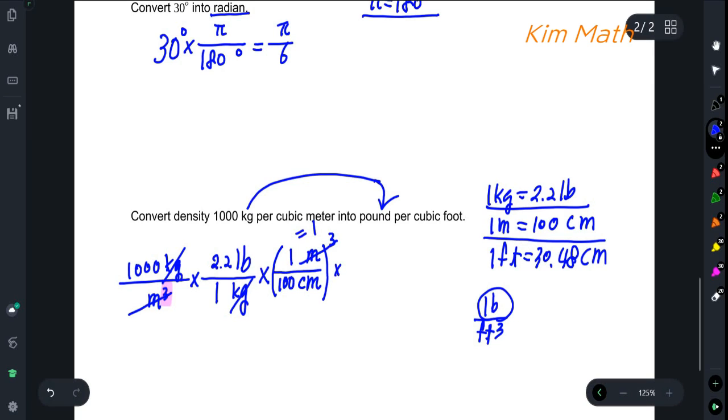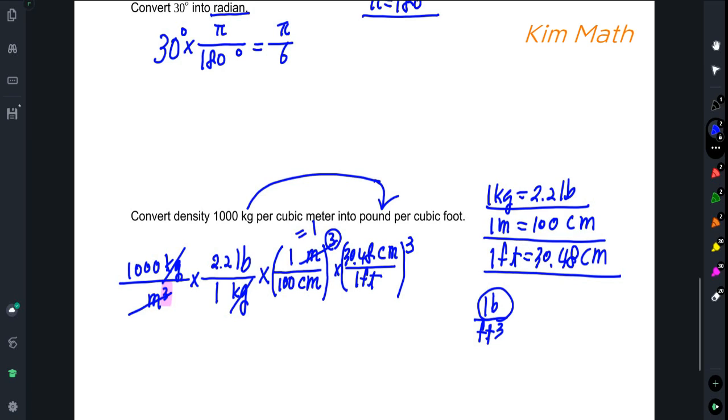Now you have a centimeter cube in your denominator, right? So I want to eliminate that one also. I will use this one. Centimeter here, and what is that? 30.48 centimeters equals 1 foot. Again, I still have a cubic power here. So to eliminate the centimeter cube, I need cube here. Okay?